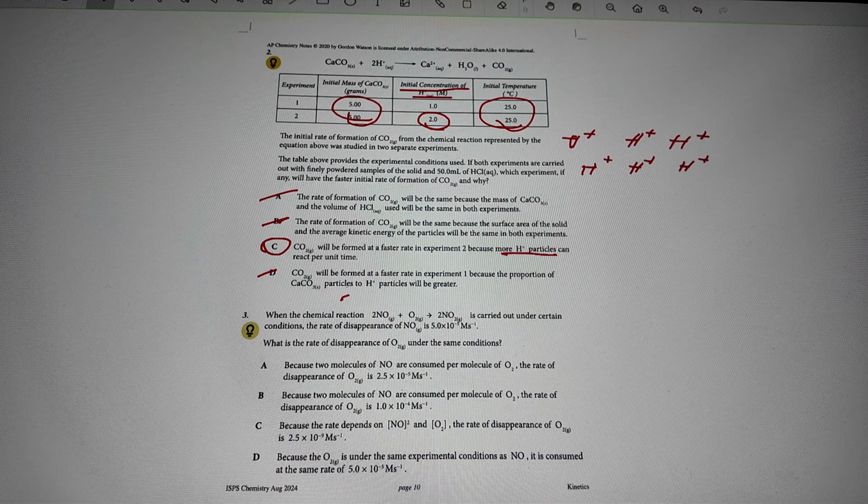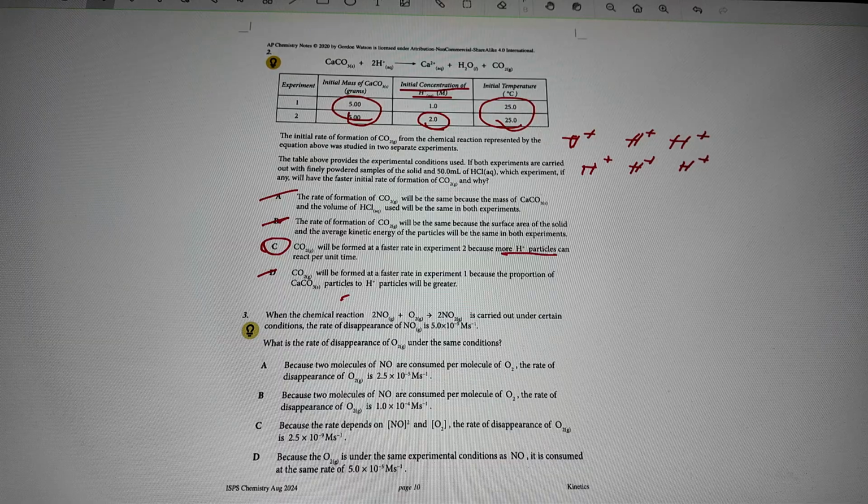Okay, next question. When the chemical reaction of 2NO plus O2 equals 2NO2 is carried out under certain conditions, the rate of disappearance for NO is 5 times 10 to the negative fifth.